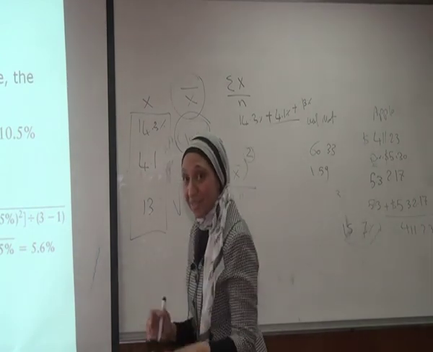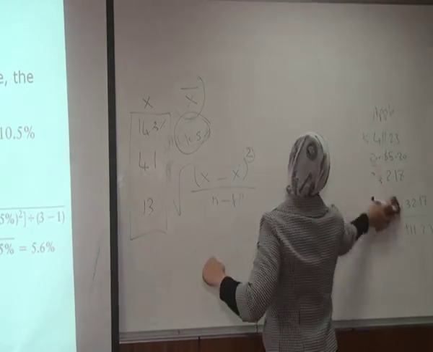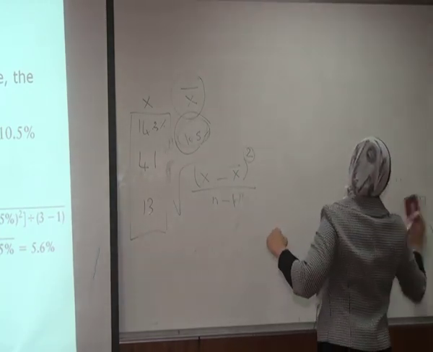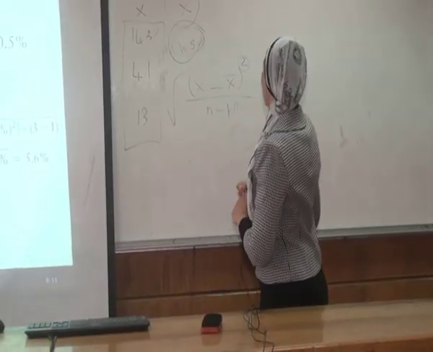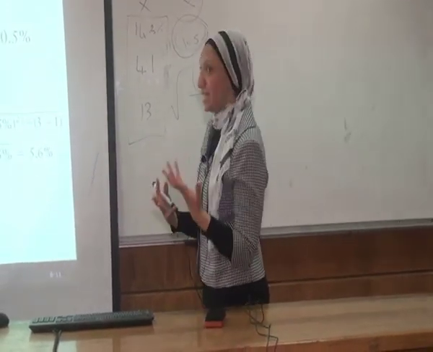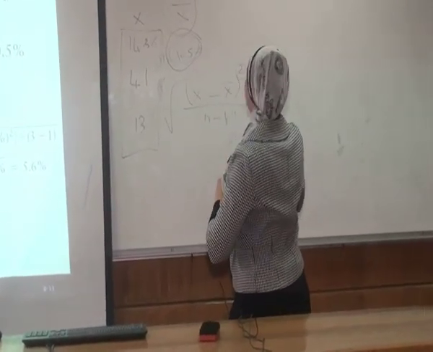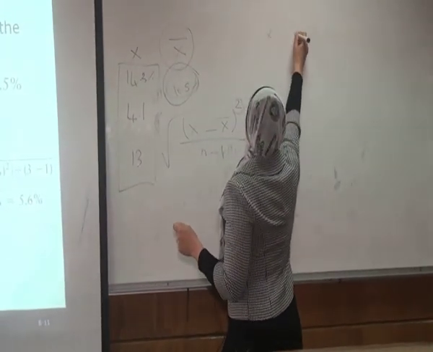Okay, let us solve this in a table. It will be easier for you to calculate the risk and return. Here we have, as we said, x bar.